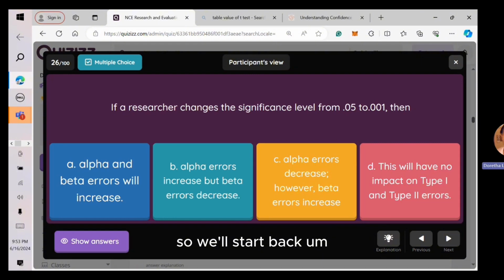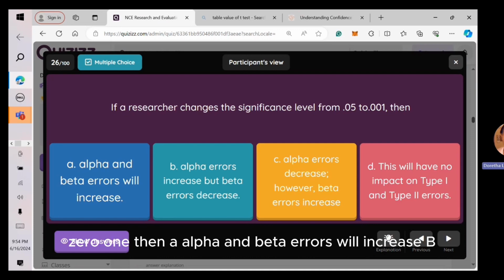So we're going to start back. We're going to talk about the alpha, type 1, type 2 errors that we talked about before. If a researcher changes the significance level from 0.05 to 0.001, then A, alpha and beta errors will increase.